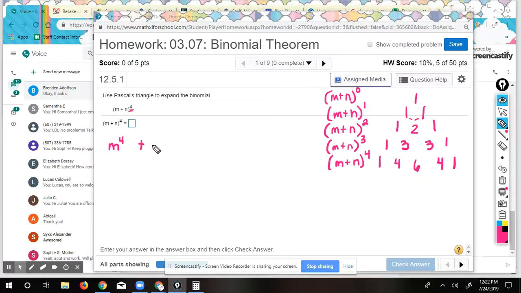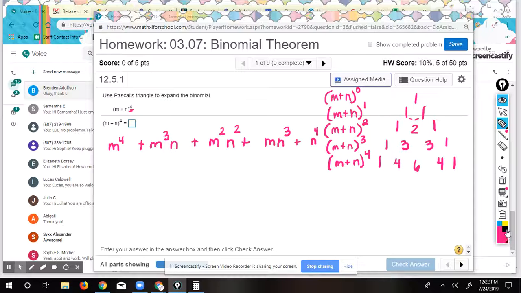And then your variable is going to start going down. And as it goes down, that's when the other variable hops in. Okay? My m is still going down, but now my n is starting to go up. And it's just a pattern here. Now it's just this one. My n is to the third. And lastly, n to the fourth.